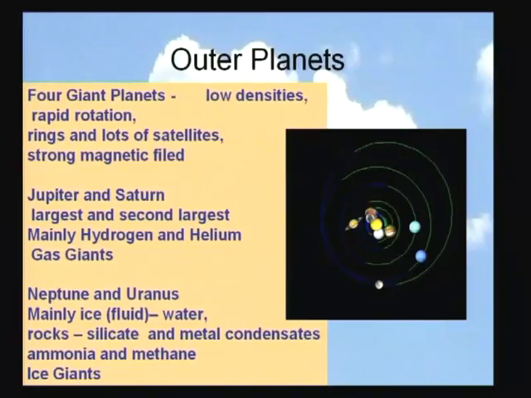You may think of it like a fluid slush of ice made up of water, ammonia and methane. In addition to that, there are also very small condensates made up of silica and metal inside, and a relatively thin atmosphere of hydrogen and helium. These two planets, Uranus and Neptune, are referred to as the ice giants.